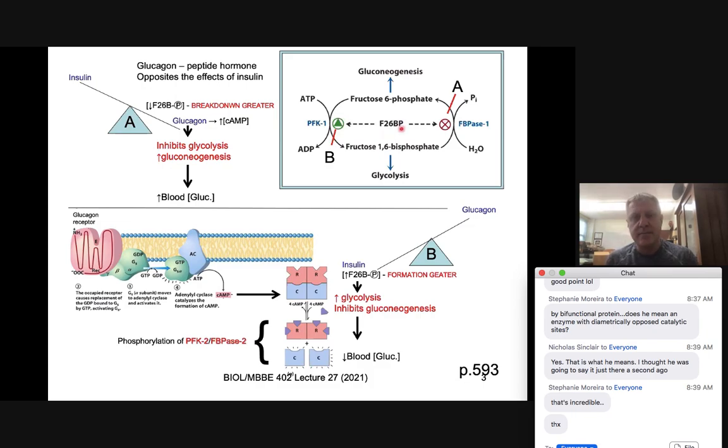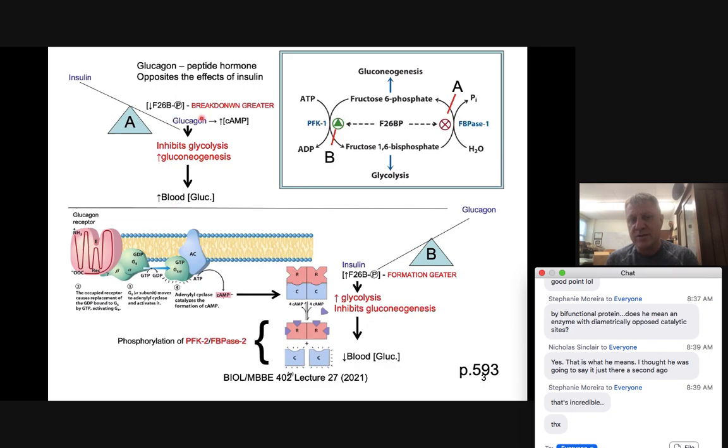In A, we have a decreased concentration of the fructose 2,6-bisphosphate. With that decreased concentration, we're going to see the fructose bisphosphatase start playing its role. We're going to see an increase in glucose production, which will ultimately see an increase in blood glucose level.